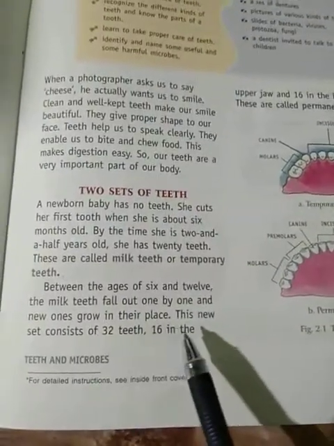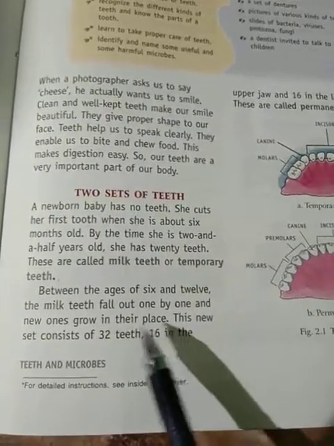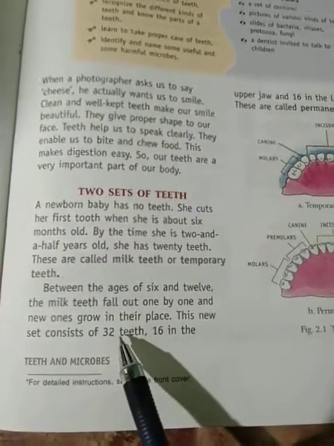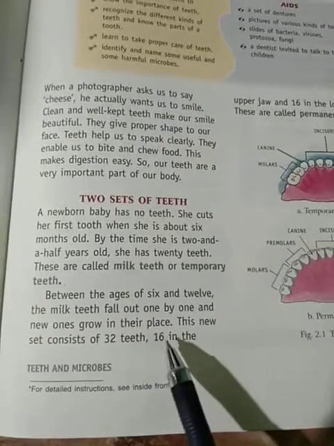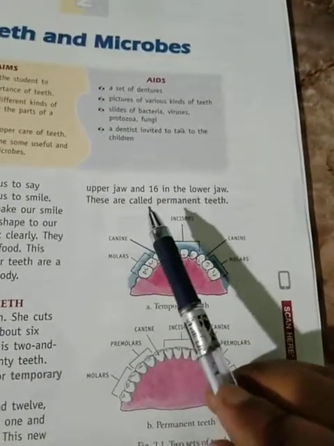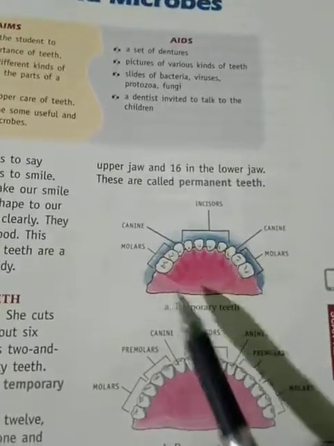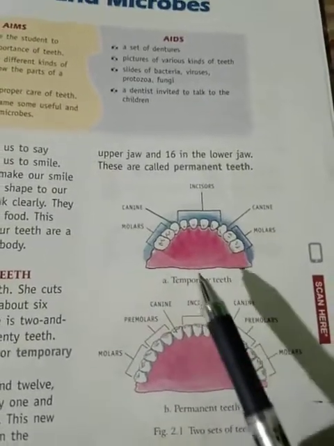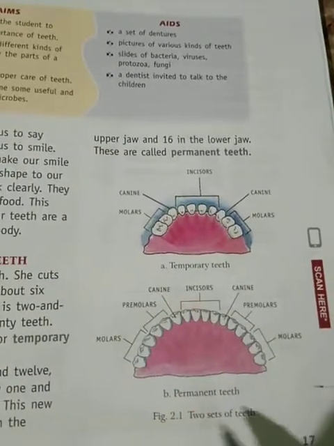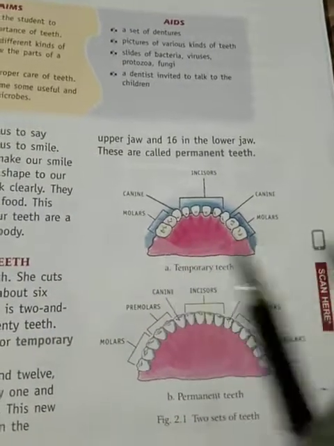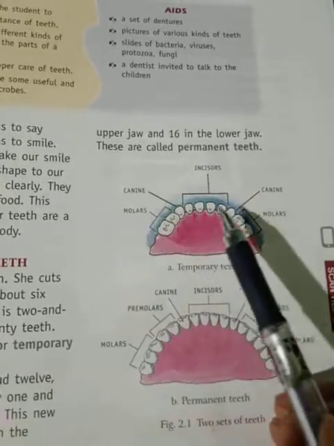Then how many total teeth are there in our mouth as a whole, and in each jaw how many teeth are available. Again, what is the definition of permanent teeth. Then these diagrams are very important, the temporary teeth diagram as well as the permanent teeth diagram, from the exam point of view, and also their number of teeth.